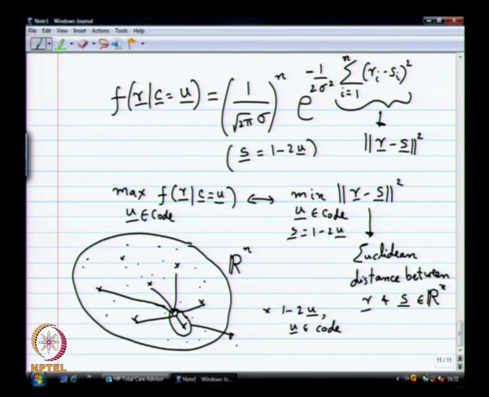So, the ML decoder is finding the closest code word symbol. The closest is defined with respect to Euclidean distance.